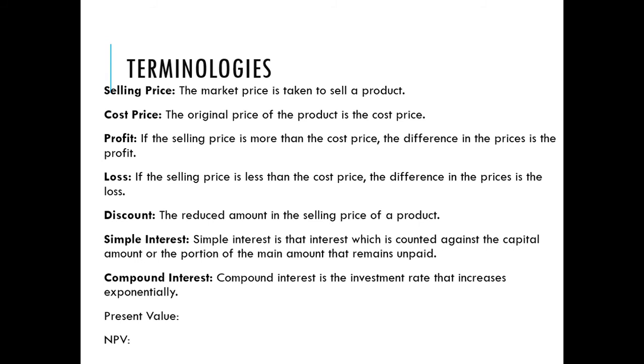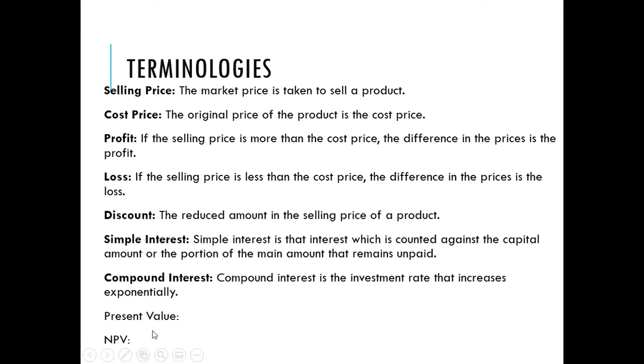Assuming that you want to buy a machine now, again, we need to establish the productiveness of that machine. And with this in mind, we need to do what you call present value and the net present value. So the net present value is the difference between the cash inflow and the cash outflow. The present value and the original value. That is what gives us the net present value.